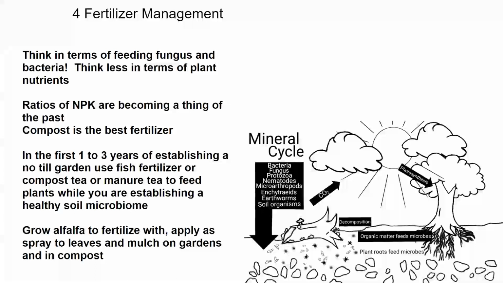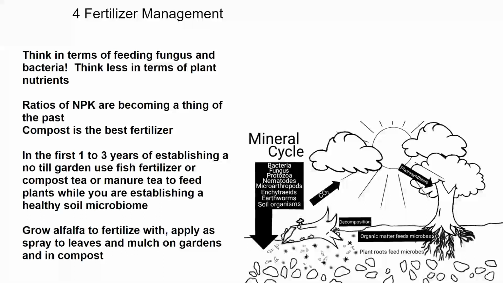So how do we feed a microbe? Well, you have that detritus layer. This is a review. We have the detritus layer of bacteria food, which is green living things that are dying, like the green plants we trim, like a lawn we mow. And then there's the woody things. That's an old plant that grew, died, but is still standing there. You cut that down and put it on the soil surface. That's fungus food.